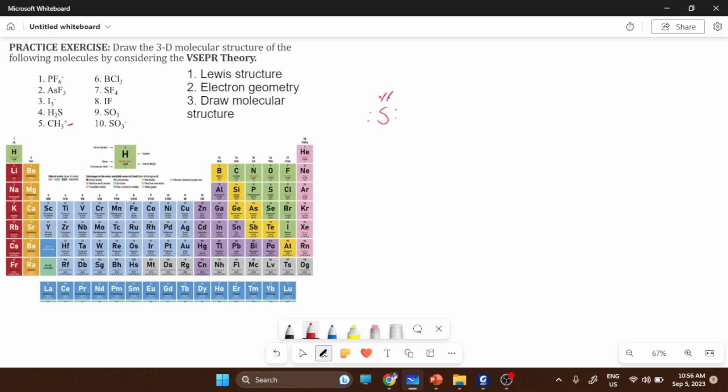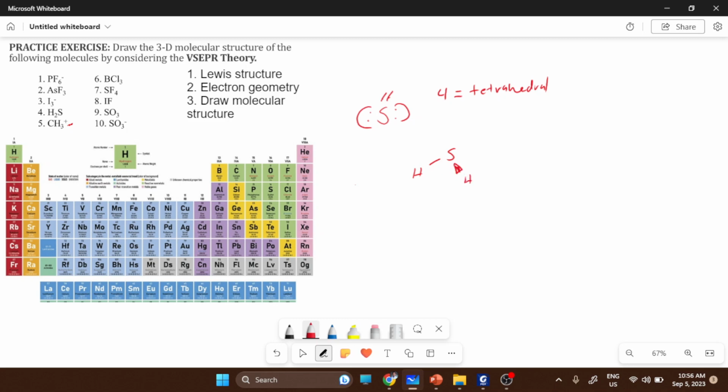So we have 1, 2, 3, and 4. 4 electron domains. And that is what? Tetrahedral. Okay, the shape of tetrahedral, when there are 2 lone pairs, if we take a look at the previous lecture video, ganito ang shape niya.